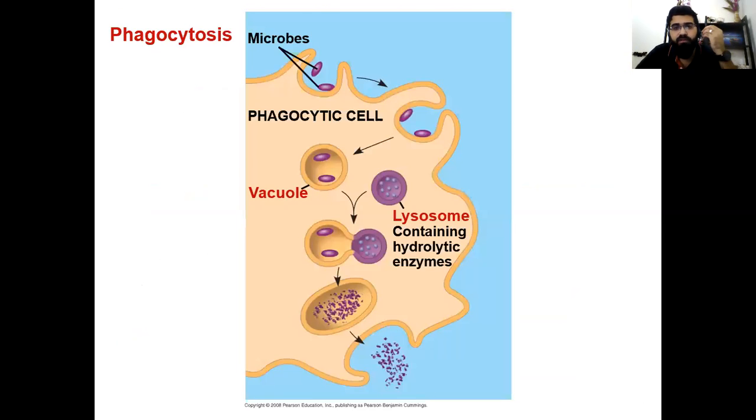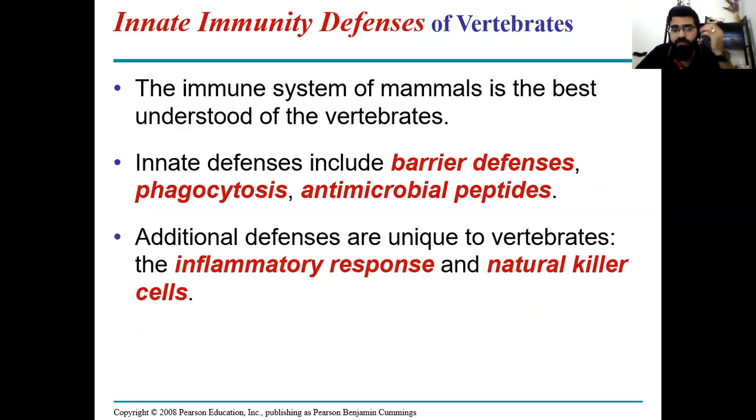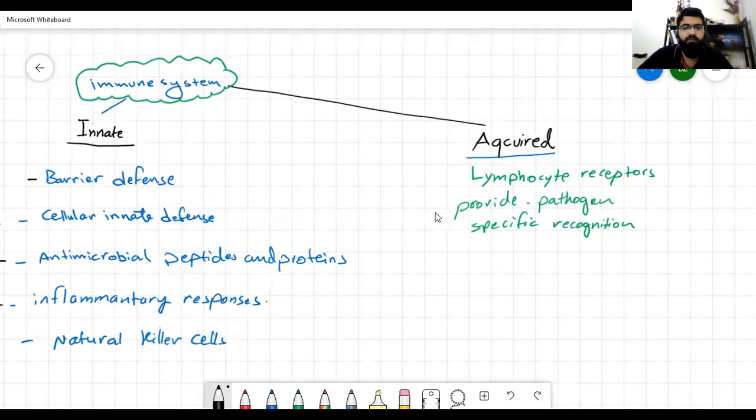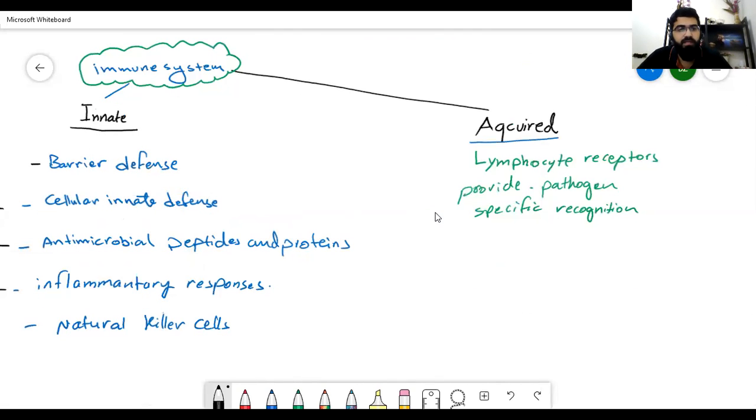If you go to vertebrates like humans, mammals in general, the immune system is more developed, and we said our vertebrate immune system consists of two main lines. Number one, the innate immune system, and number two, the acquired immune system.